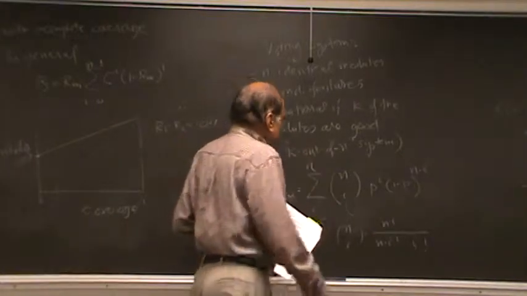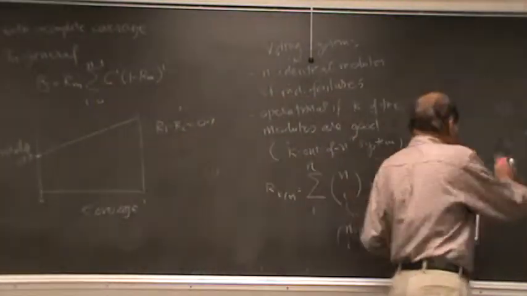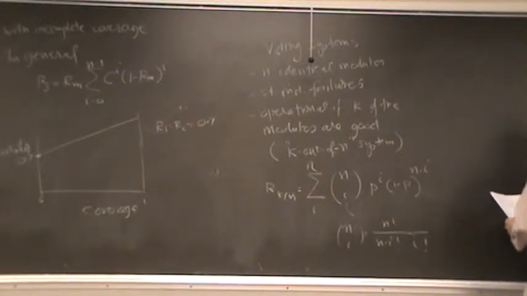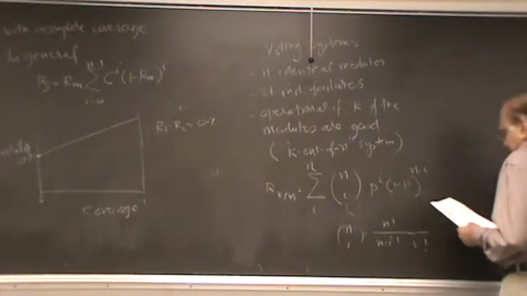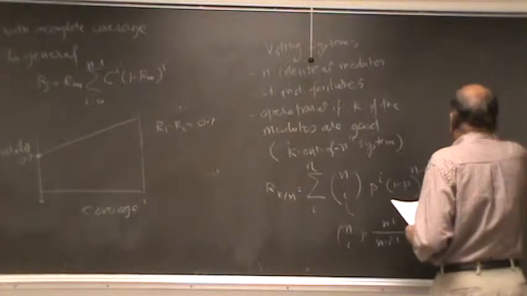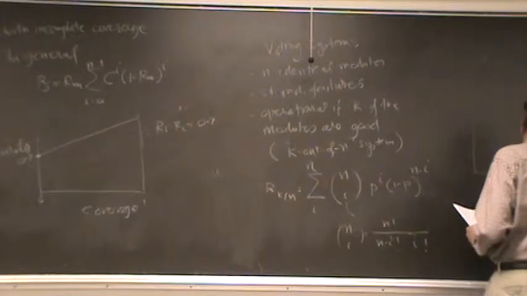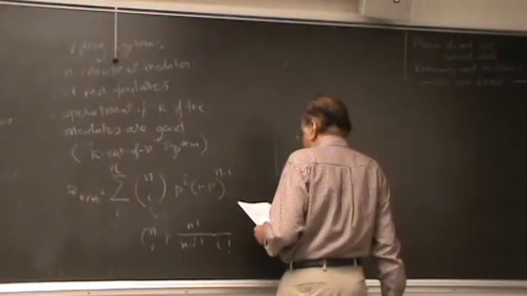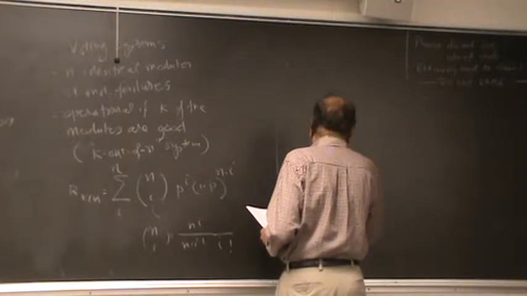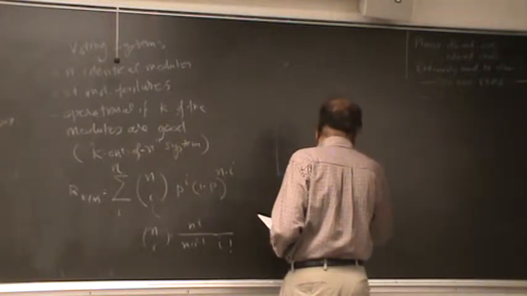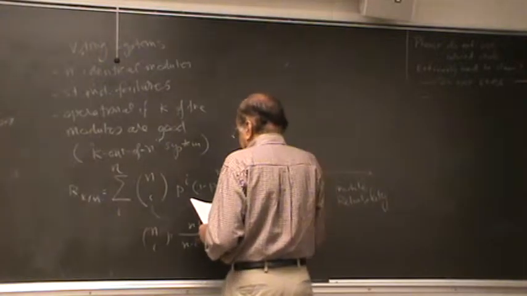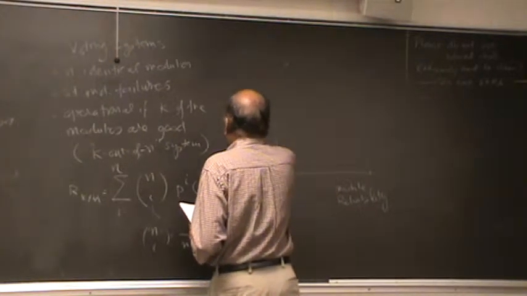So now if you make a plot of this, it is going to look like this. Here you have the module reliability, and here you have the system reliability.